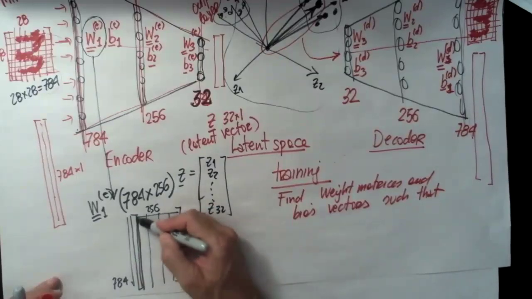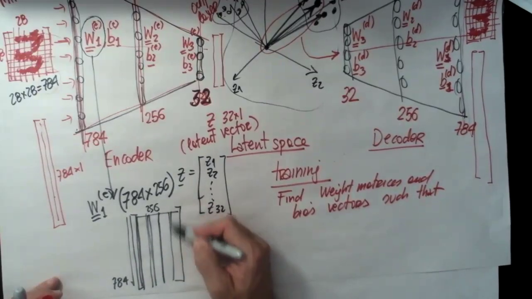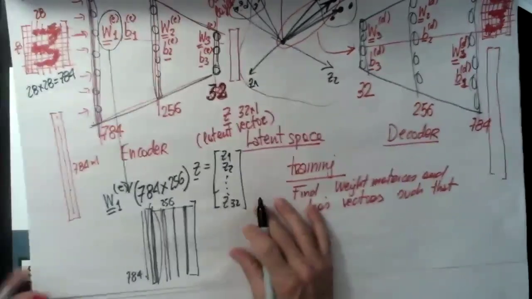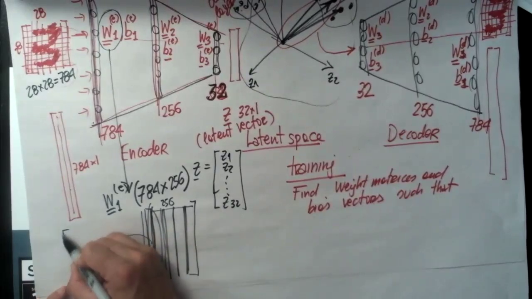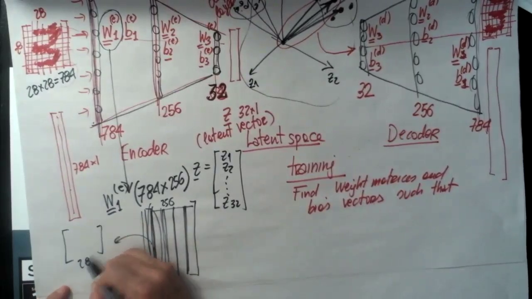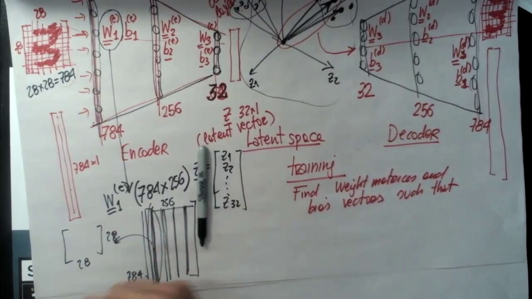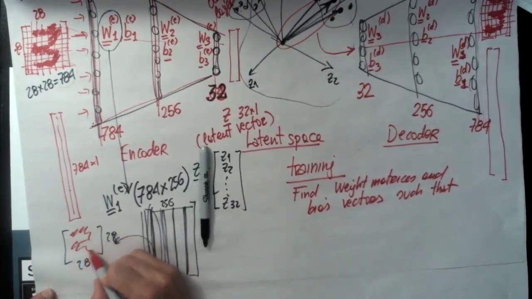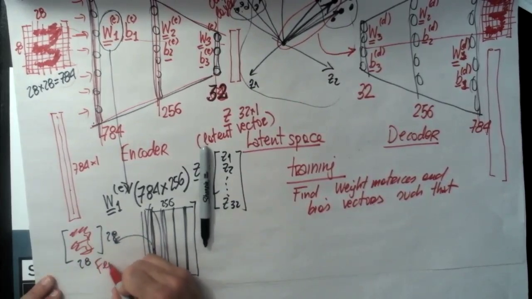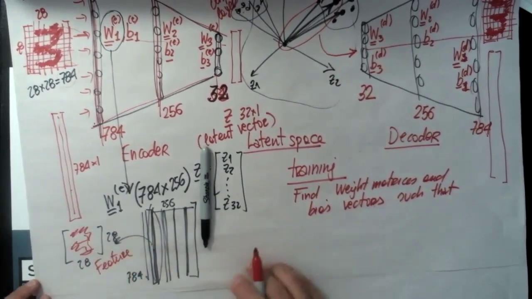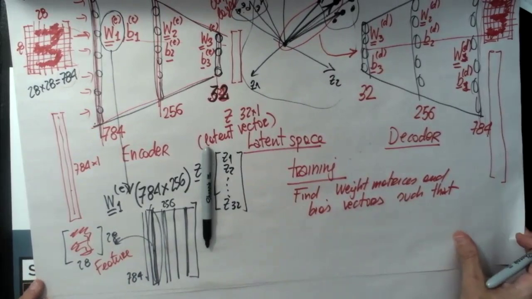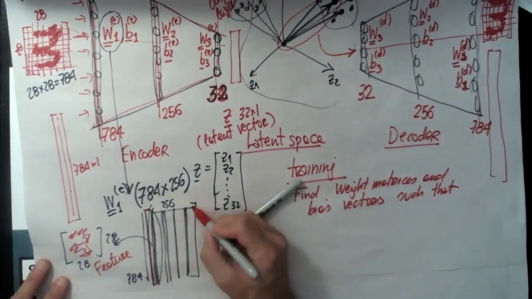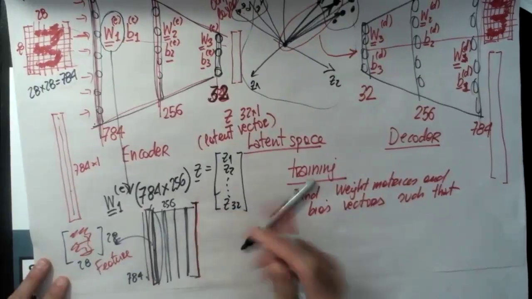So the columns of our weight matrix can be reshaped as 28 times 28 images and correspond to features that the autoencoder learns about our data. So there is something also to consider.